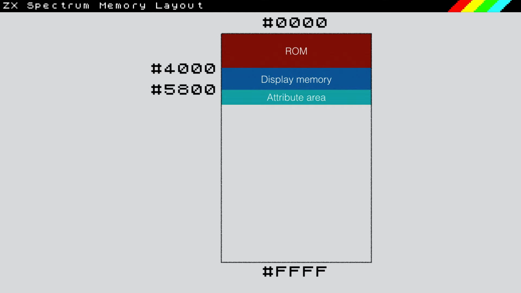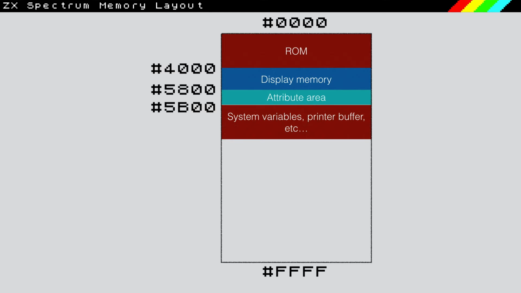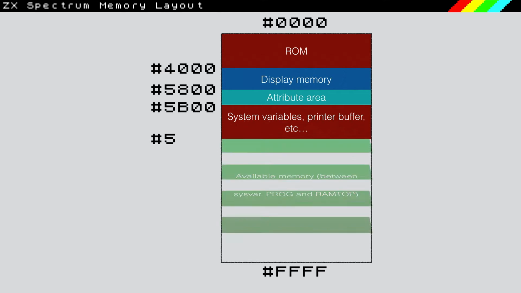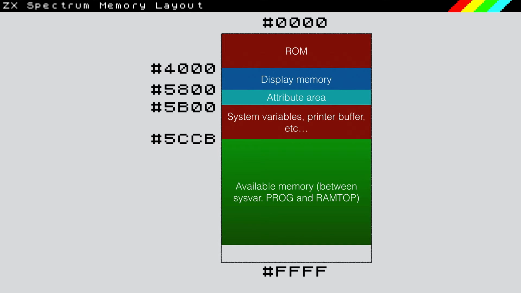Then, there are also 768 bytes of attribute data for it at 5800 hexadecimal, and that's basically what defines the colors on your screen. Up next, there are some system variables, printer buffer, etc. at 5B00 hexadecimal, and the rest is free for your programs up until FF58 hexadecimal, where the stack is located.